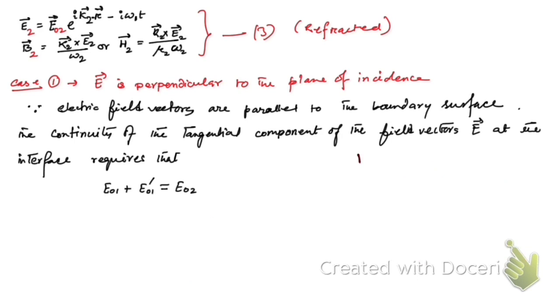I hope you know the relation between H and B: B is nothing but mu H. I hope you know these things. So let me take this as equation number 4.